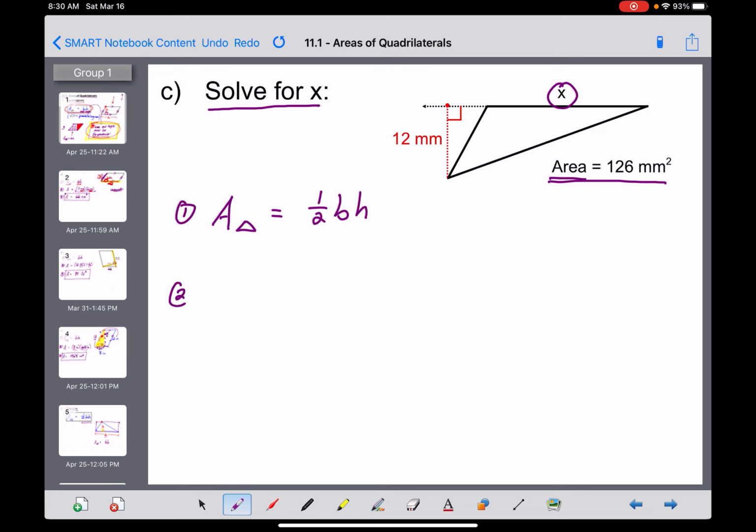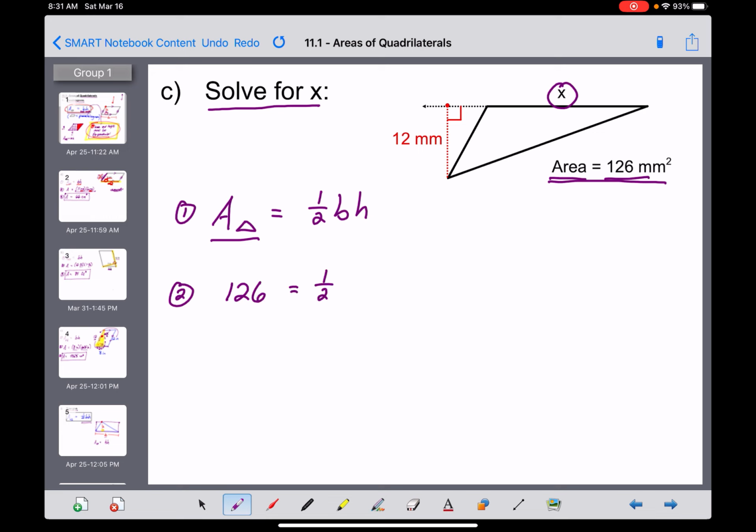So we go to step 2, and what I've said in the previous 5 examples is fill in what you know. Now, much earlier, I said, all right, if there's 3 variables here, you've got to know the values of 2 of them to be able to figure out the third. The same is true here. We now know the area, guys, and that is 126 square millimeters.